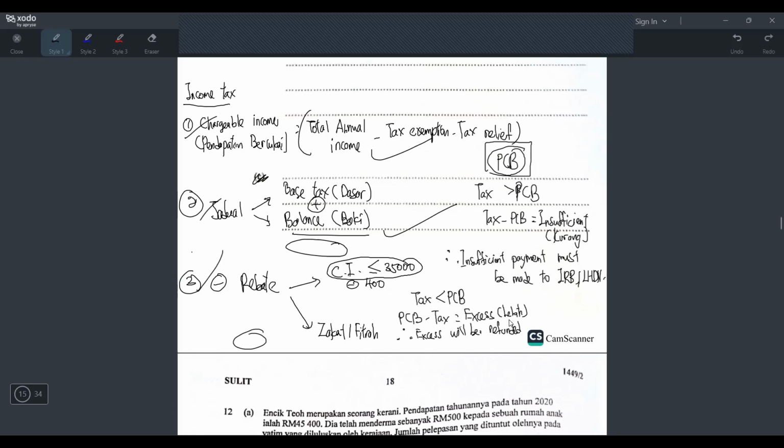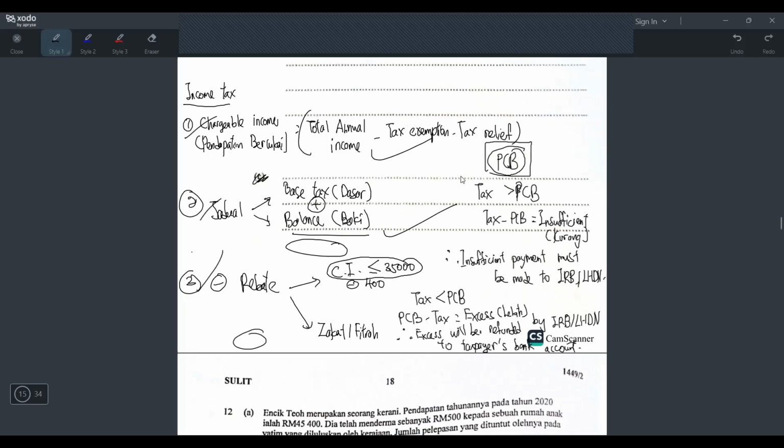So it will be refunded by IRB ataupun LHDN to the taxpayer's bank account. Okay, to you lah, to the orang yang bayar cukai. Okay, my nota is a bit messy, but yang penting is you faham lah.